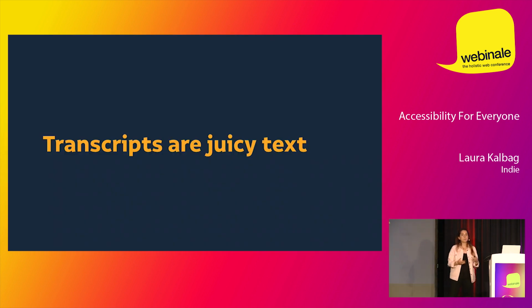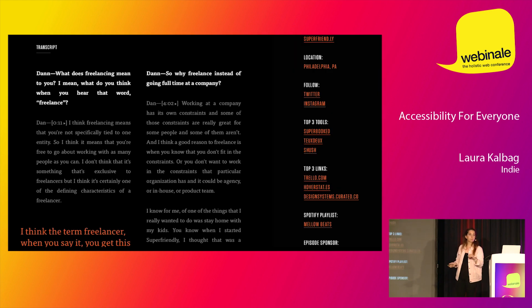So transcripts can make audio content accessible to people who can't hear the audio, but they can also be really juicy text versions, like adding those names as a little bit of an example as well. And it also makes it indexable by search engines too. So this is, again, another nice one.